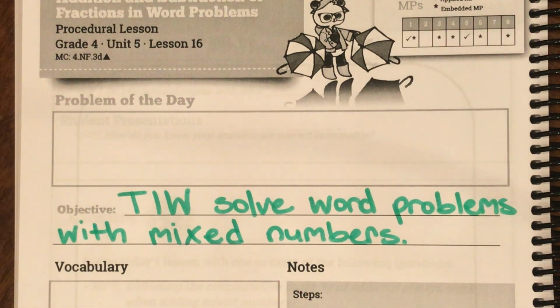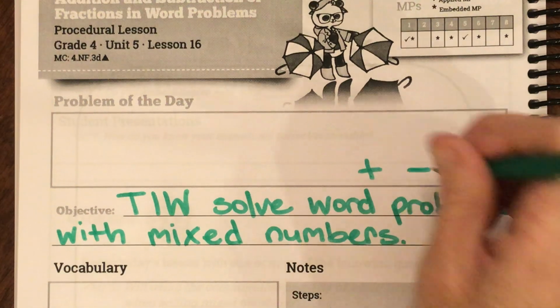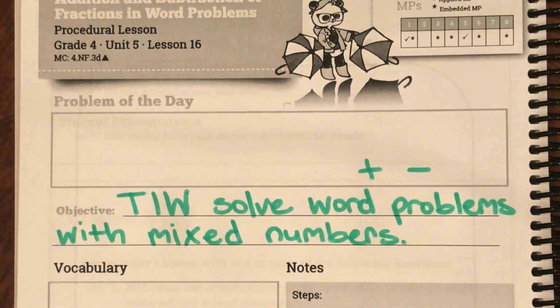So today I will solve word problems with mixed numbers. We're going to have a mixture of addition and subtraction word problems, so you're going to have to look for operation words to help you decide what you're doing.